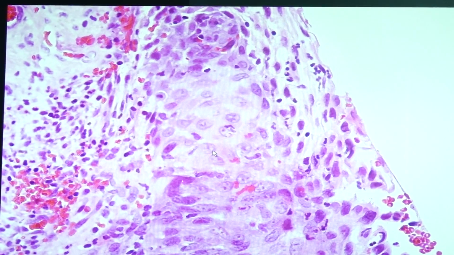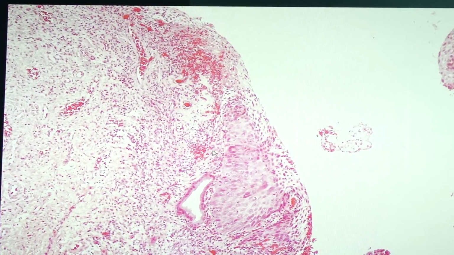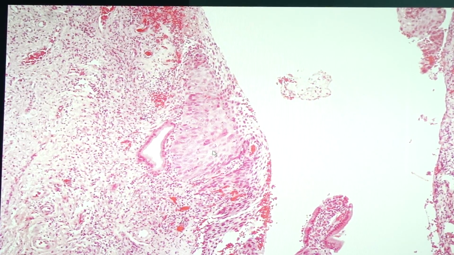So now we go into the classification. How do we classify the pre-malignant precursors? Before the 1980s, usually the pathologists would classify the cervical intraepithelial neoplasia based on the presence of dysplasia.